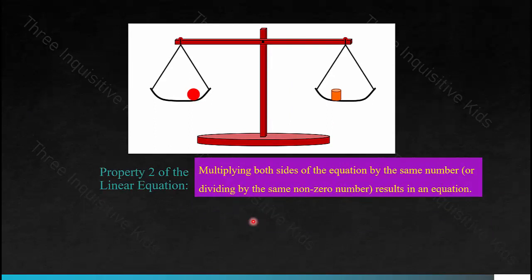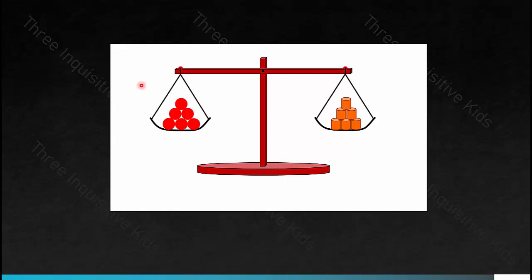If we multiply both sides of the equation by the same number, because you see how at first, I don't know exactly how many, there was one red on the left side and one orange on the right side, and that was balanced. So we already know that those two things are balanced and are equal in mass.